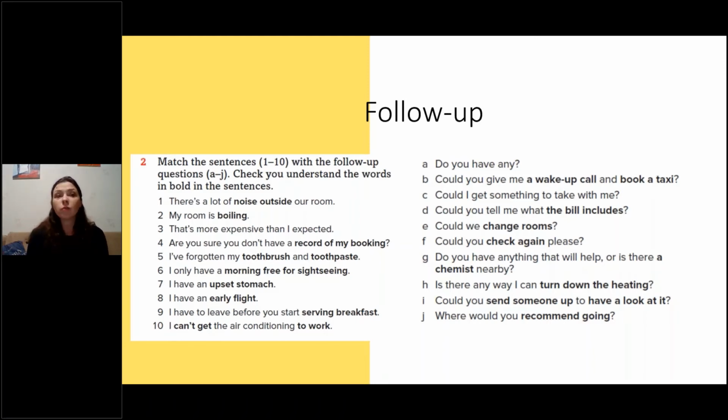So the first task was make the sentences with the follow-up questions. Check you understand the words involved in the sentence. Here, the teacher can help explain or other students can help understand the words, you can ask questions, you can refer to the context. What can be done to help our students remember this, not just the word, but how it works all together? Any ideas for follow-up exercises?